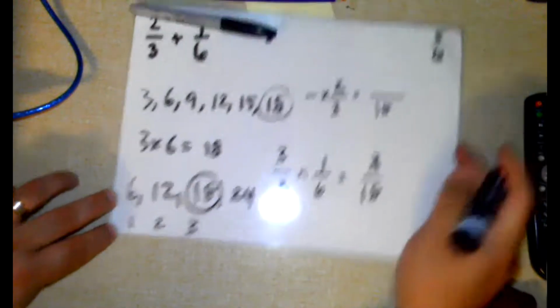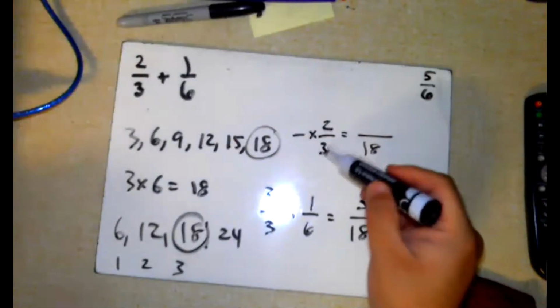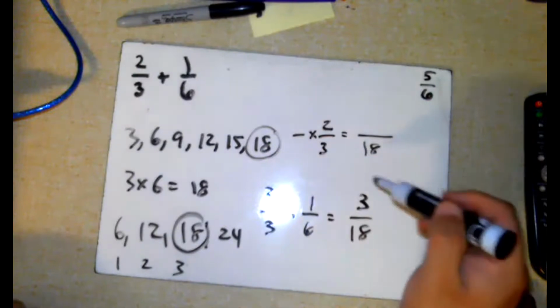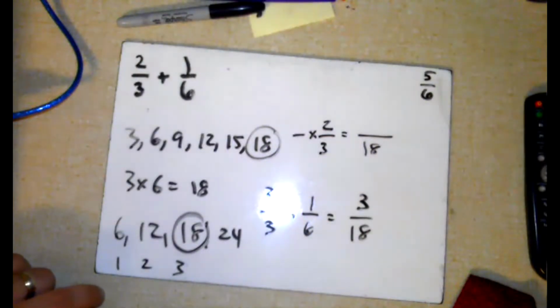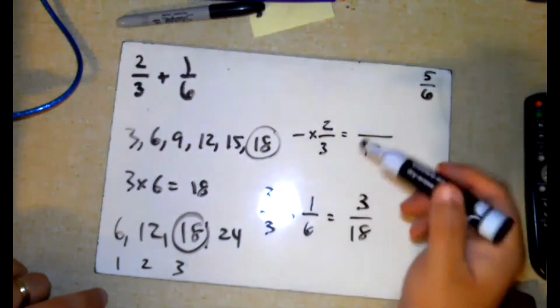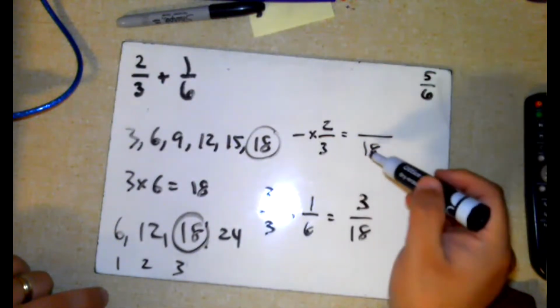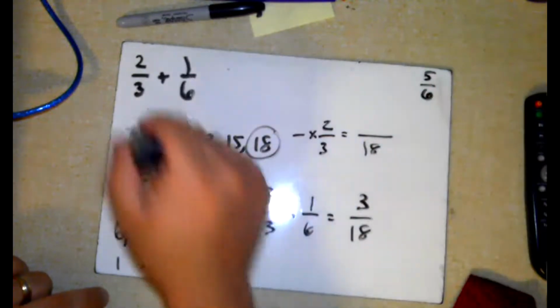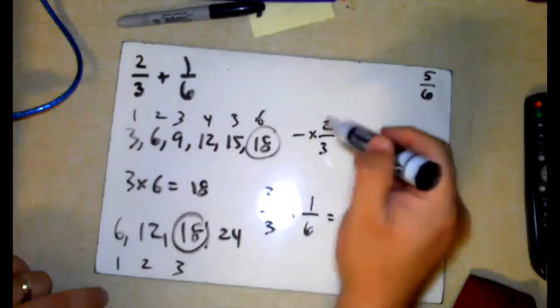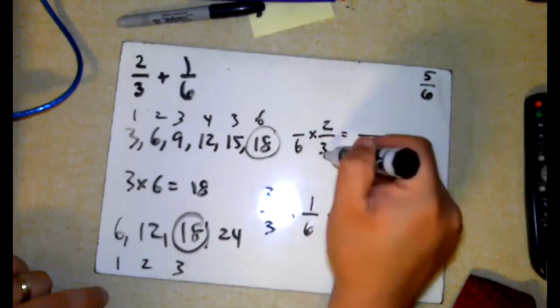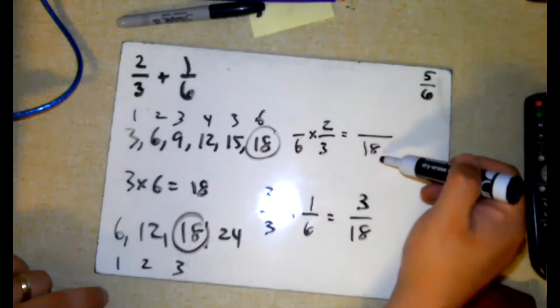Okay. Now let's look at 2/3. So 2/3 to 18. Well, I need to either go 18 divided by 3, or I just count. 1, 2, 3, 4, 5, 6. 3 times 6 equals 18.